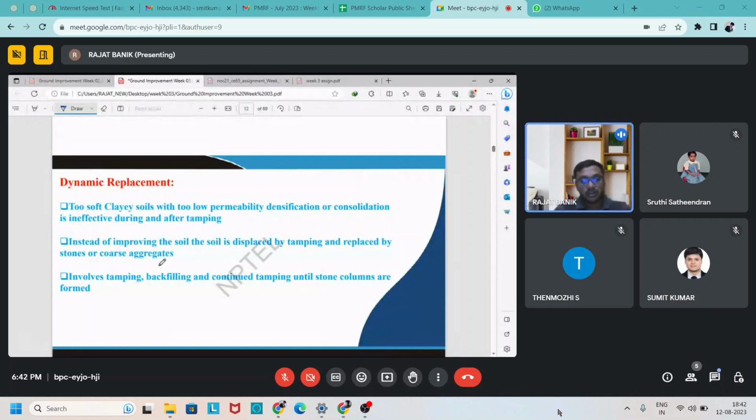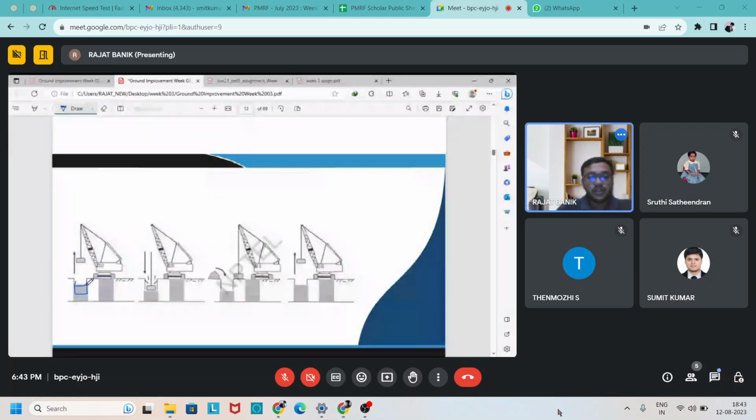So in the coming slide, the procedure is described here: how dynamic replacement takes place. We can see in the first image that we apply the heavy tamper from the crane. The ground subsides like that. After continuing to apply the energy or tamping, the ground subsides further.